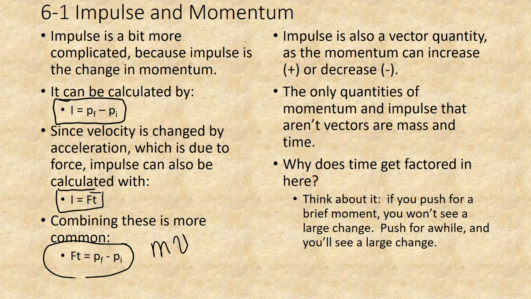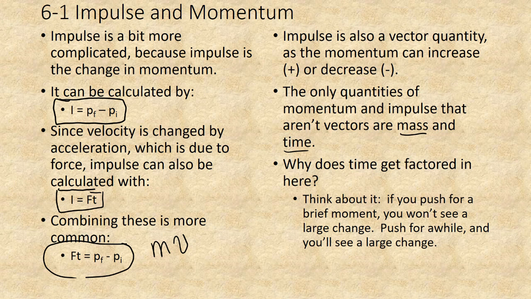Now, generally, if the impulse is positive, we see an increase in the momentum. If the impulse is negative, we see a decrease in the momentum. It's important to recognize that mass and time are not vectors. Mathematically, they should always come out as a positive.